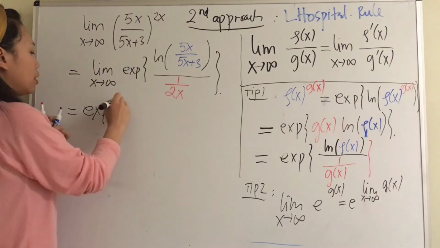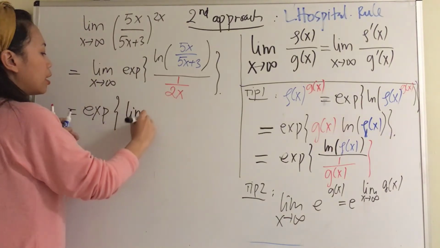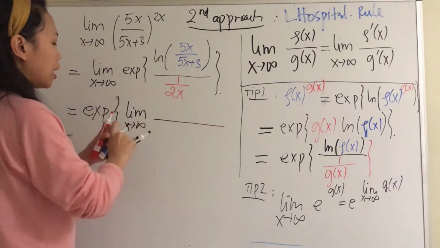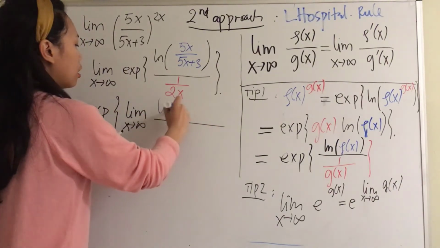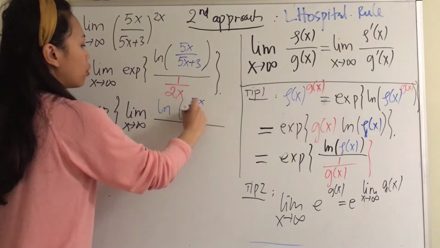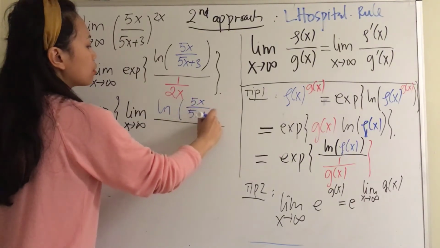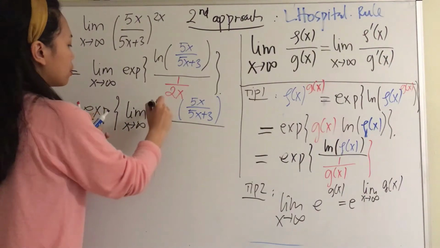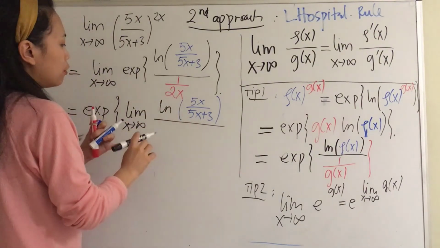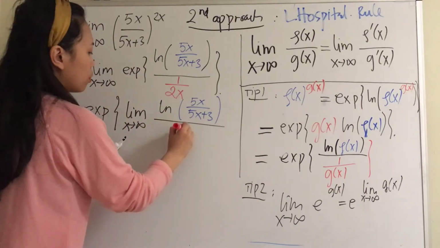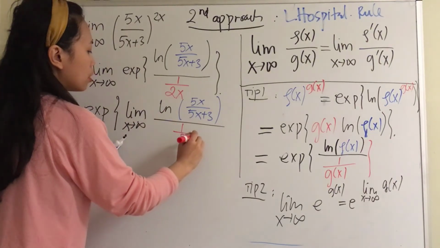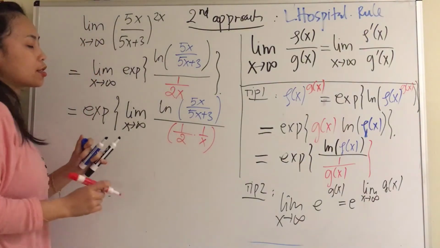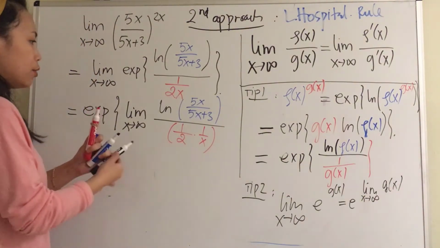Exp of the limit as x approaches infinity of natural log of 5x over 5x plus 3 over 1 over 2 times 1 over x. You see it? 1 over 2 times 1 over x.